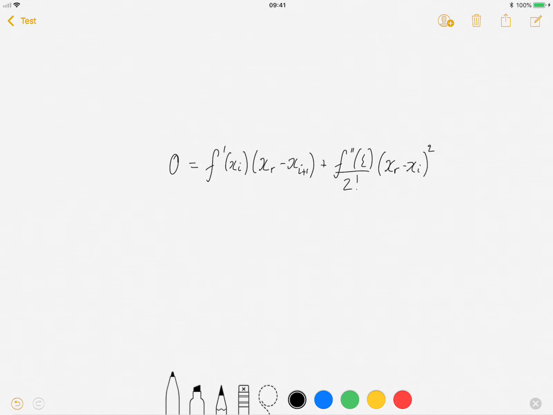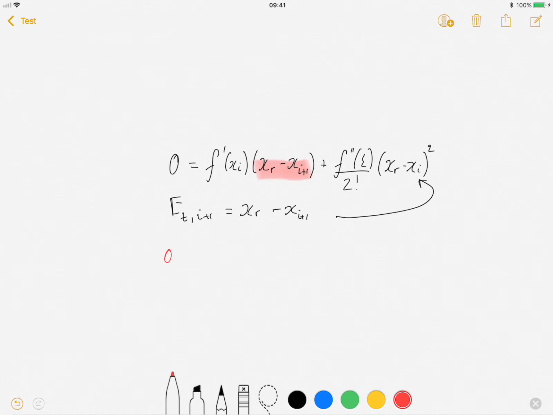And what do we know about the difference between the root and our estimate? That is, of course, the error term. So we write this as the true error E_t at i+1, which is equal to the difference between the root, the exact solution, minus our approximation. So in other words, we can express our equation prior in the following format.